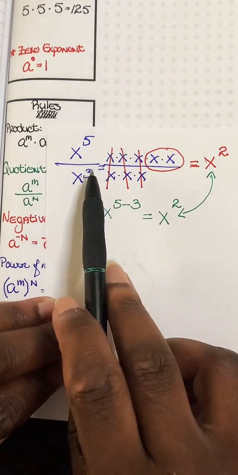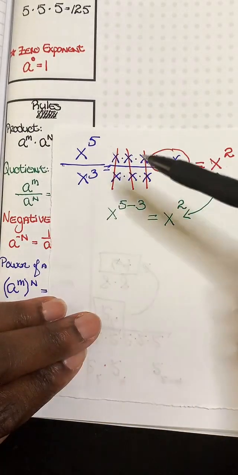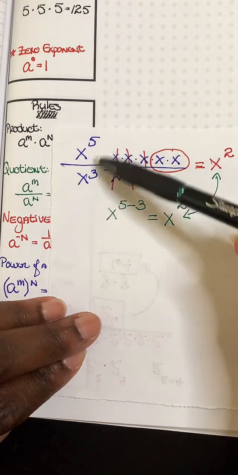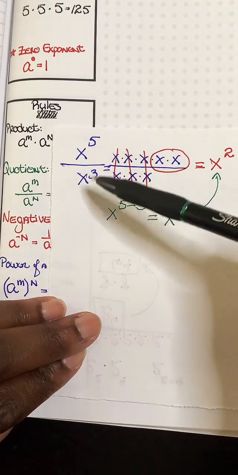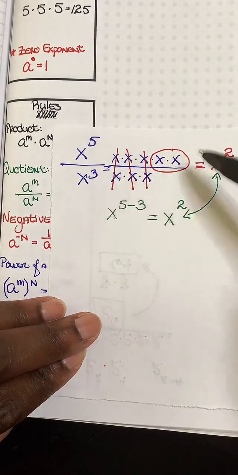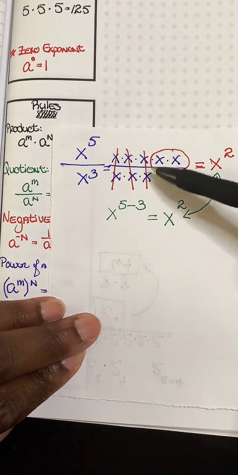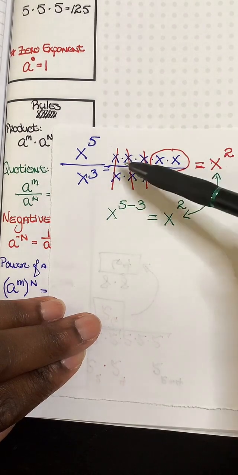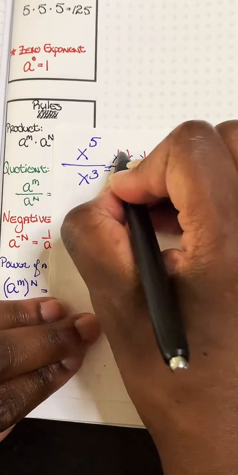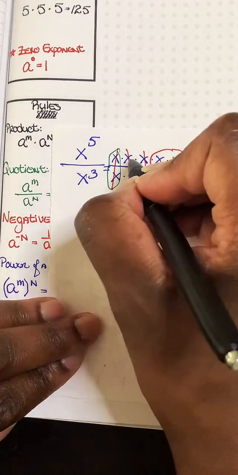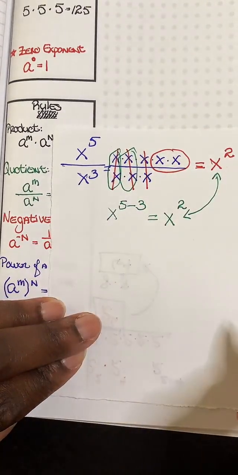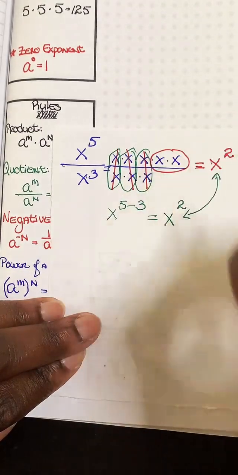Well, let's take a look. So if you're going to divide, you're usually making something smaller, right? So what you're doing is you're getting rid of what they have in common. So there is one set of x's here that's in common. There's another set of x's there that's in common, and another one.